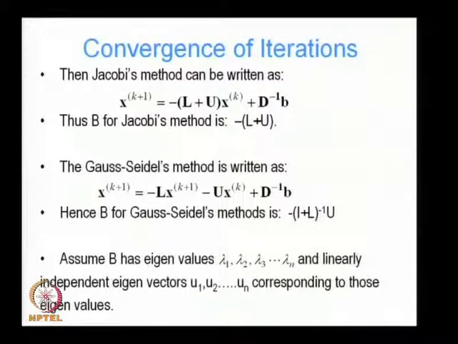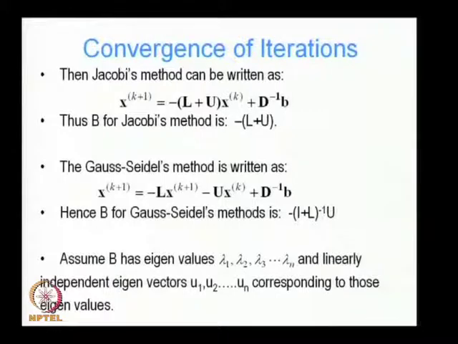Now, let us assume that our matrix B, which is this matrix for Jacobi and this matrix for Gauss-Seidel, has eigenvalues lambda 1, lambda 2, lambda 3 to lambda n, and it has linearly independent eigenvectors u1, u2, u3 to un corresponding to those eigenvalues.